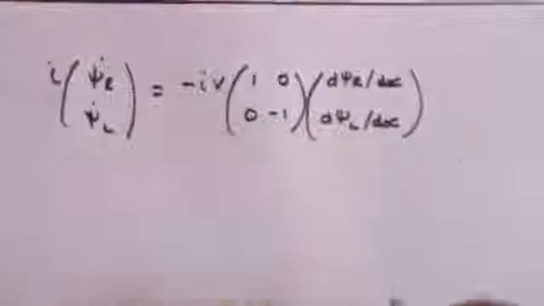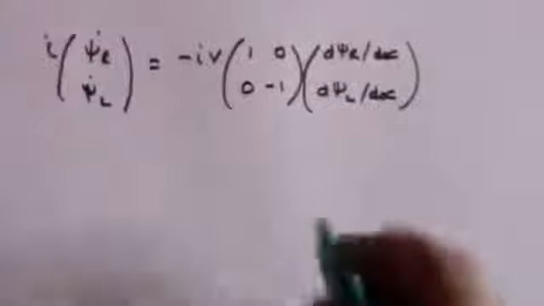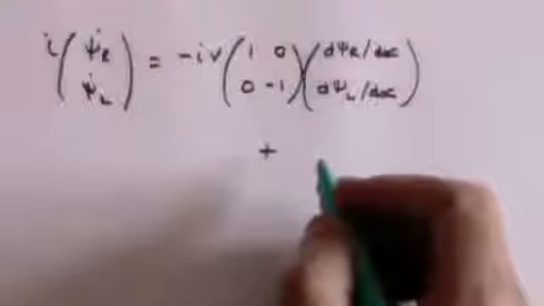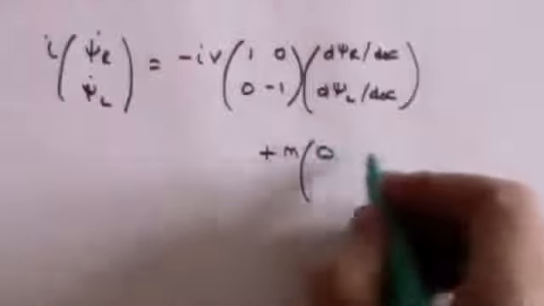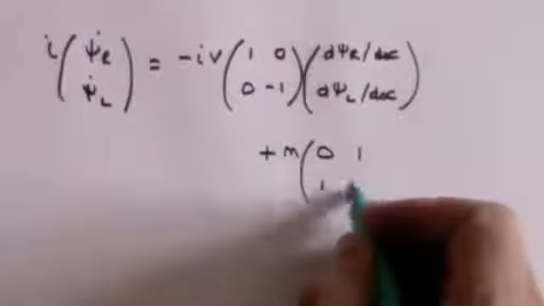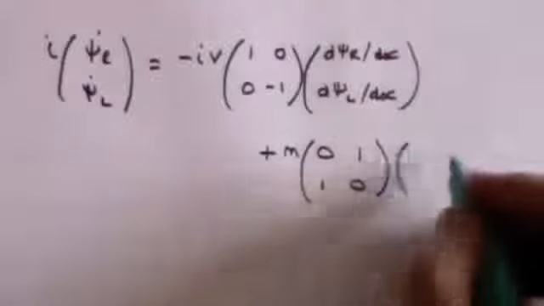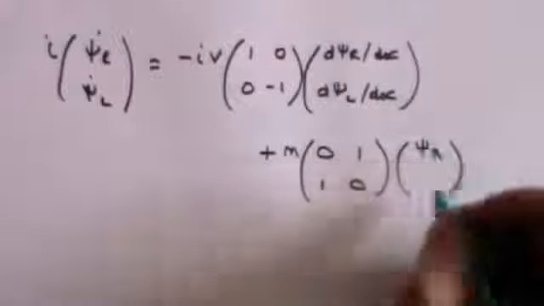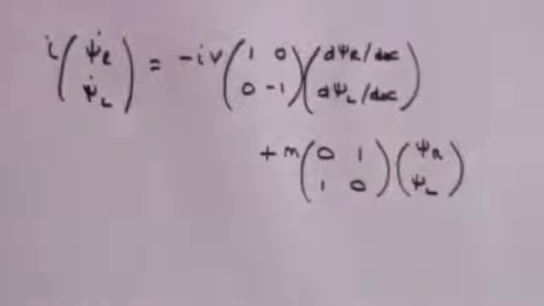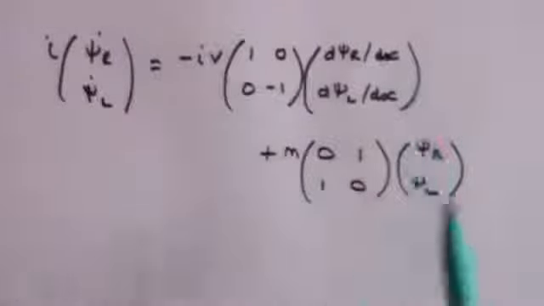But now we need to add, and I haven't got room so I'll do it underneath, we need to add the m beta term. So it's going to be m, and then beta is [0, 1; 1, 0]. And of course we'll need to act on just the psi right and psi left waves.